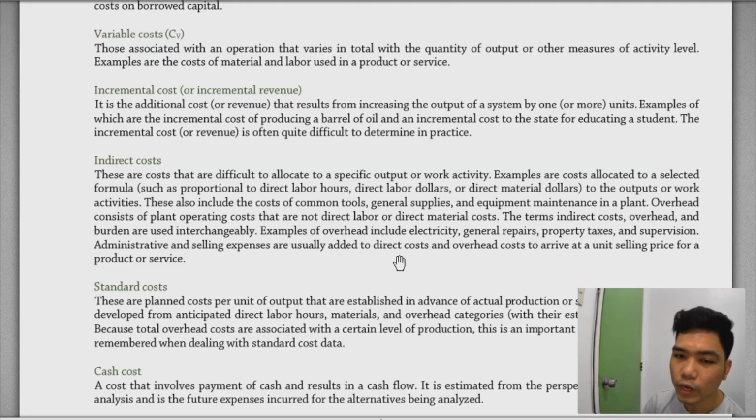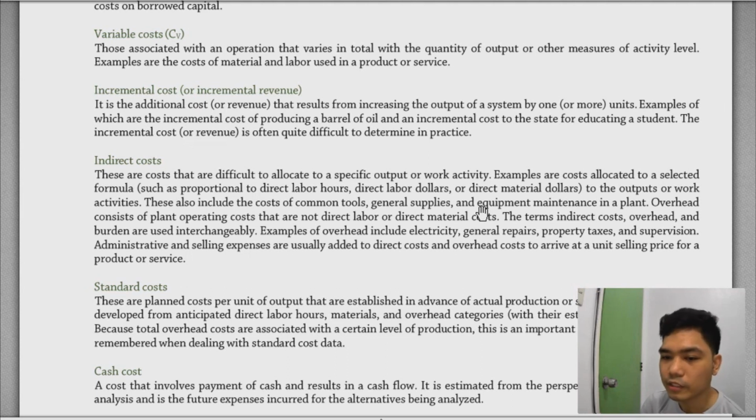So, why are these attributes called indirect costs? These are called so because there is no such thing as direct allocation for this specific output.